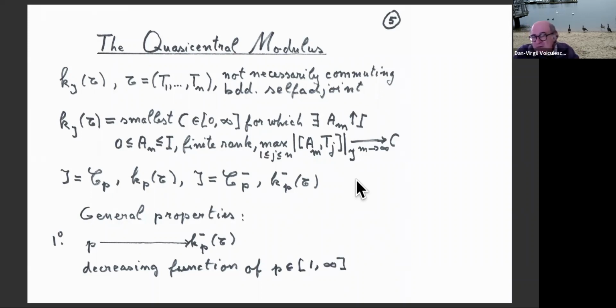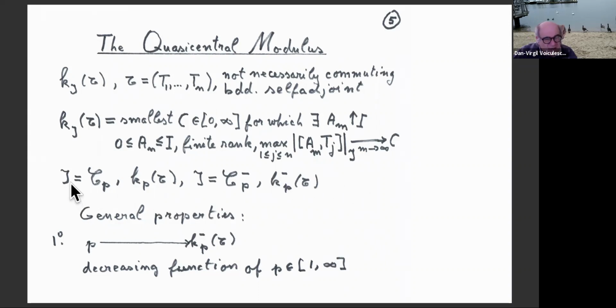C can also be infinity, can be 0. C is a number in the interval [0, infinity]. So again, K_I of tau is the smallest possible limit of such commutator norms of A_M, finite rank positive contractions, with the N-tuple. And I'm going to use specific notation in two particular cases.